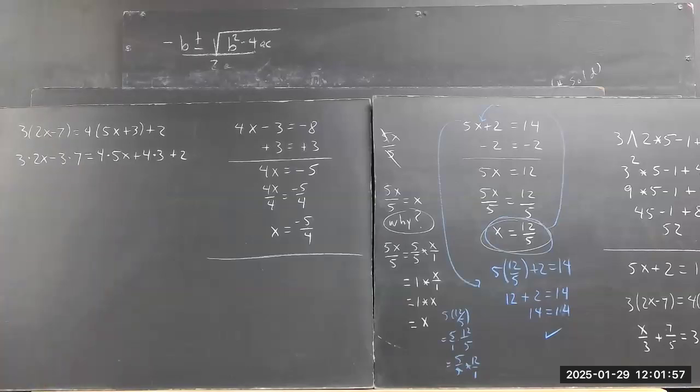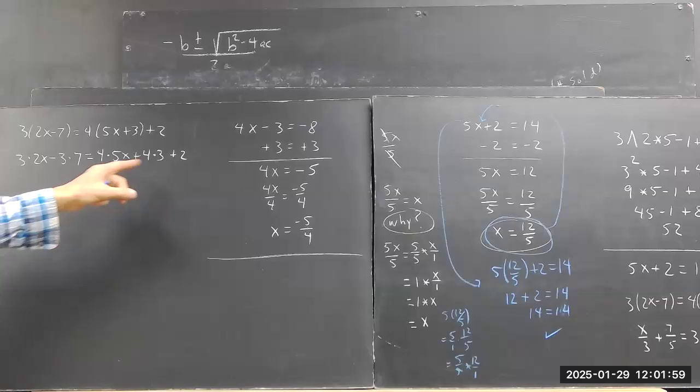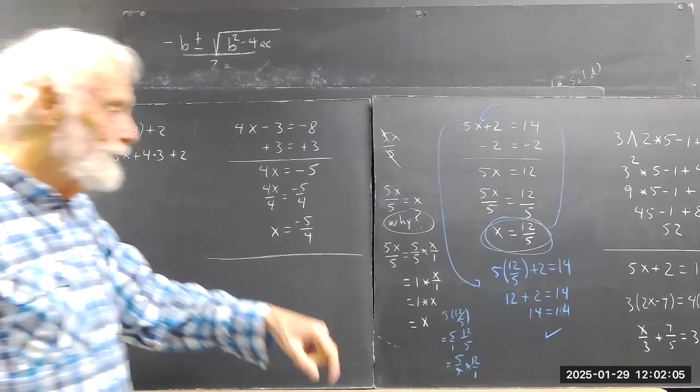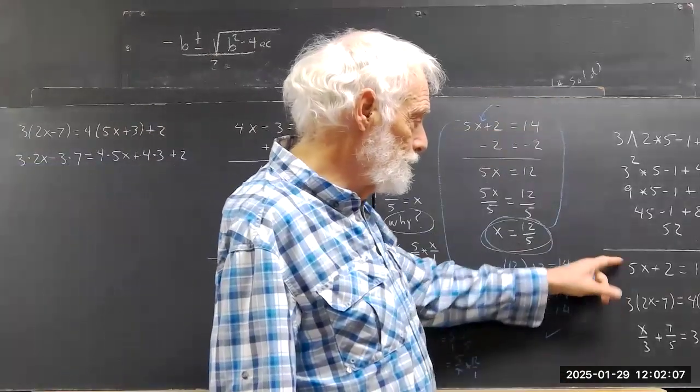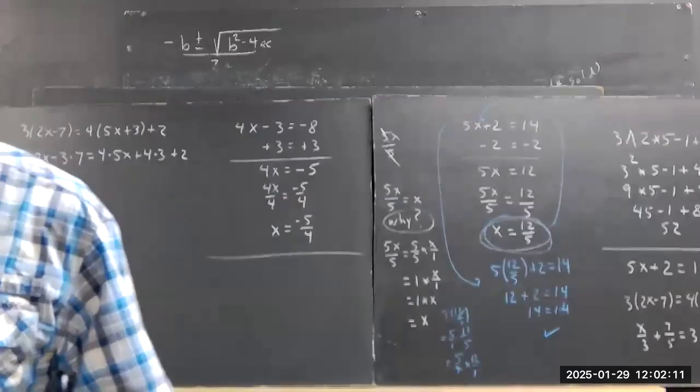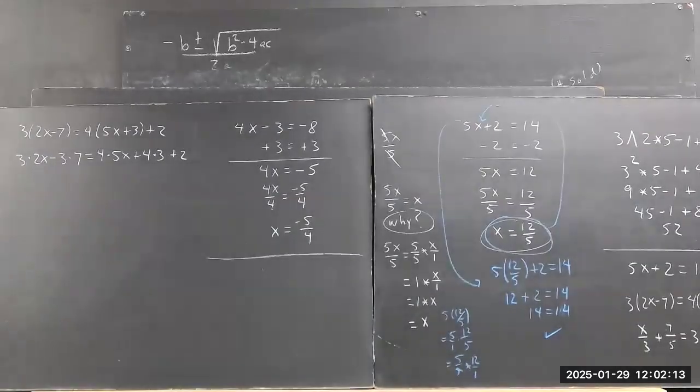If you find you're not always getting the right answer, you probably ought to reinforce the distributive law, but a lot of people understand it. Still, if you made any mistakes, other than maybe a simple arithmetic mistake with either of these problems, and if it didn't check, you probably ought to do all the steps just to reinforce it. And then use your own good judgment when you stop doing any steps.